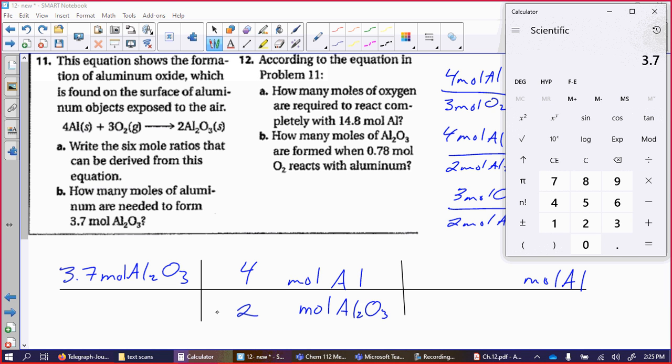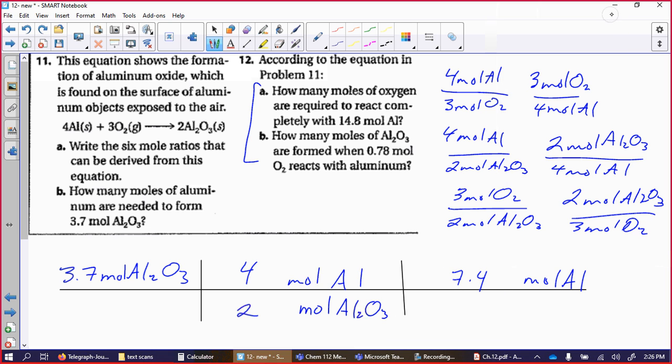Now, if you know that it's a double, because I'm never going to see your calculator, do you have to do 3.7 times 4 divided by 2? No, because I'm never going to see your calculator. Now, if you're good at math, you can get away with it, but there are some people who don't. 7.4 moles of aluminum.